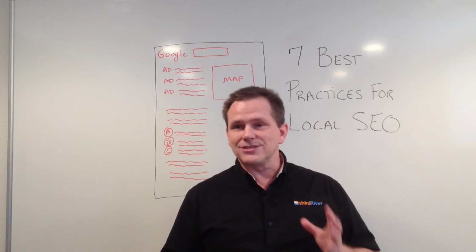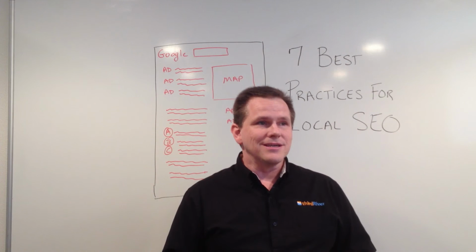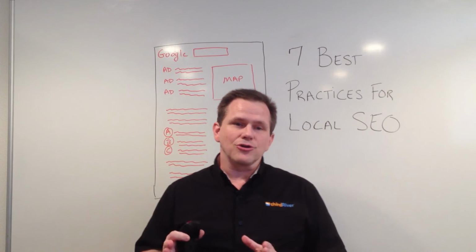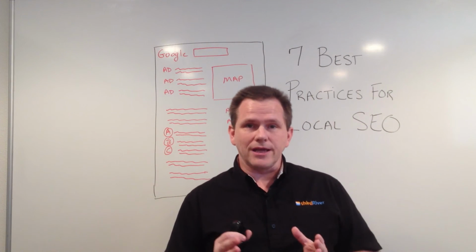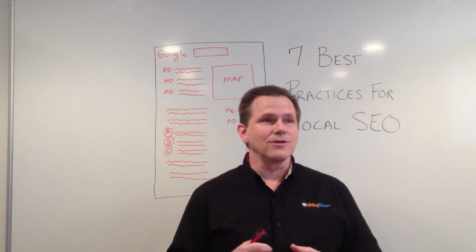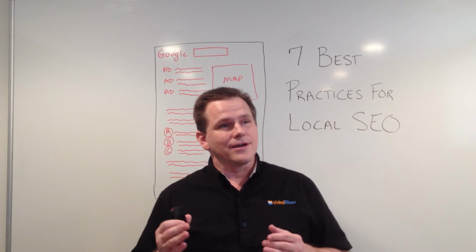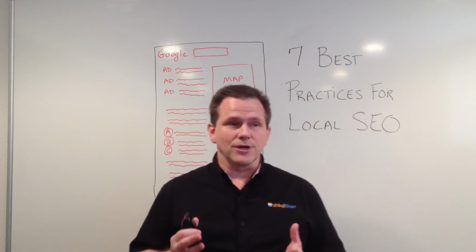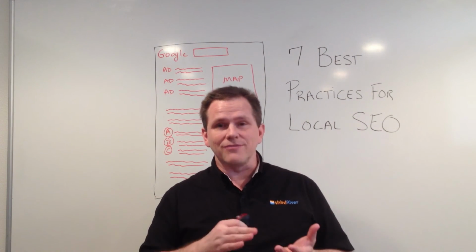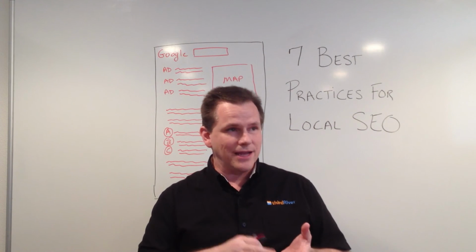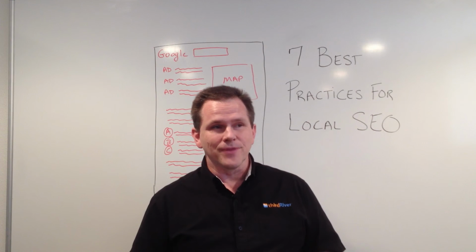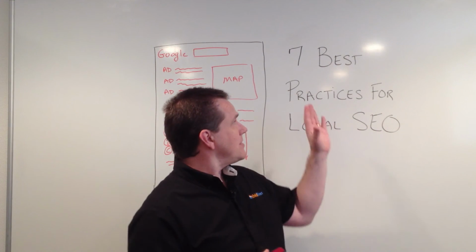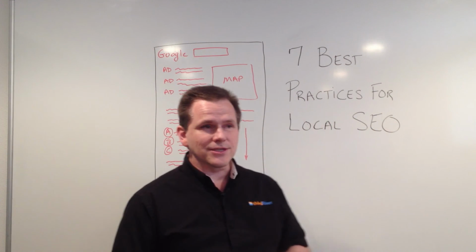So add social sharing icons to your website, and also make sure that your social media channels are targeted and correctly listed for their local address as well. So basically meaning that you have consistent NAP data, name, address, phone number, correct on all of your social media sites. So that's my 7 best practices for local SEO.